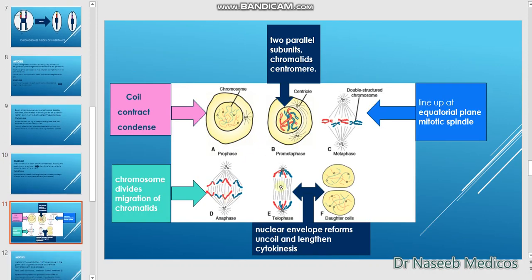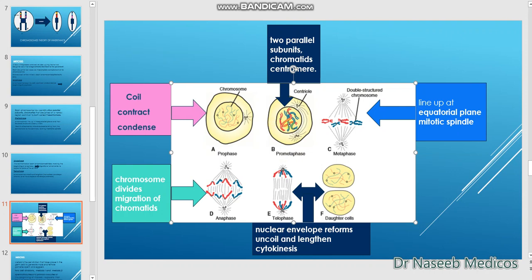So here is the diagram. You can see the first phase, which is called prophase. In prophase you can see the coiling of the DNA chromosomes, and they contract and condense as well. In the second phase, prometaphase, the two parallel subunits are there.